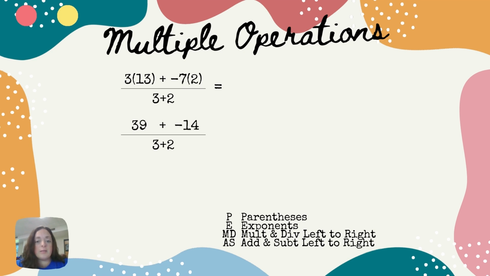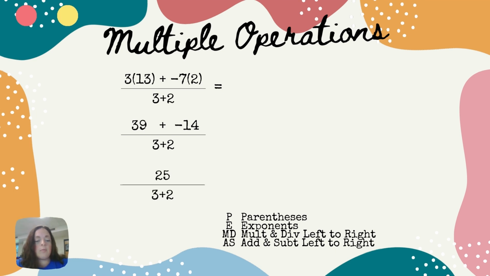Now we can do our adding and subtracting from left to right. On the top of this division problem, we have 39 plus negative 14. So we're adding a positive and a negative integer, which means we actually have to subtract them. So 39 minus 14 is 25. Since the positive number, 39, has a bigger absolute value than the negative number, the 14, then that 25 is going to be positive.